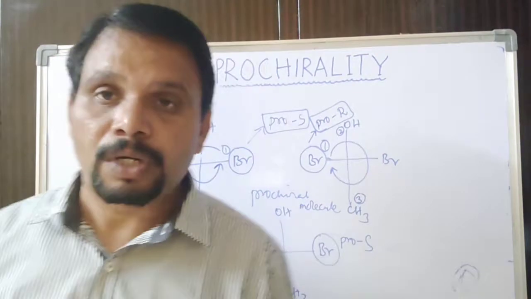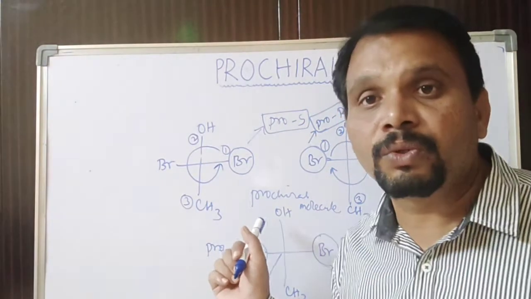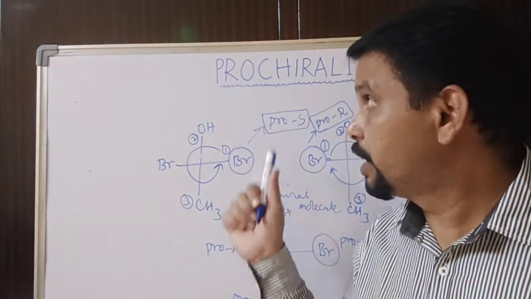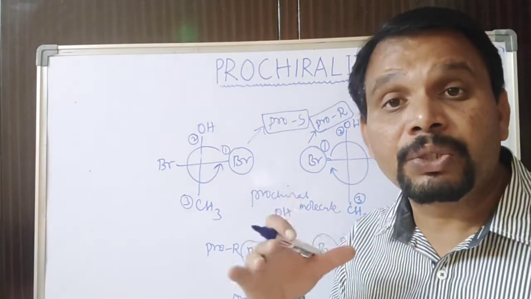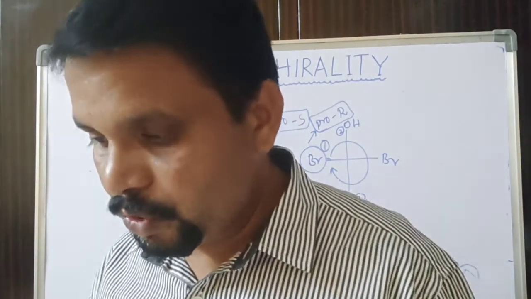So I hope you understand how to give priorities and how to assign pro S and pro R notations or discriminations for stereoheterotopic units.